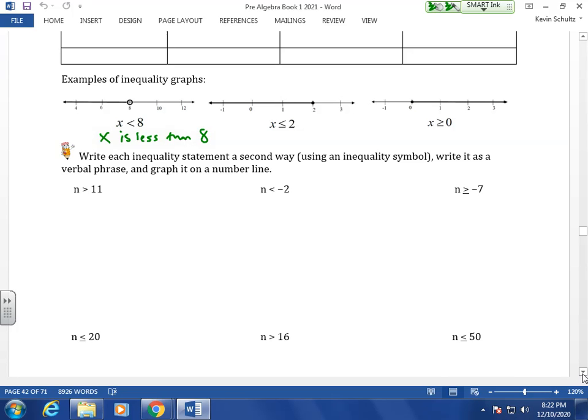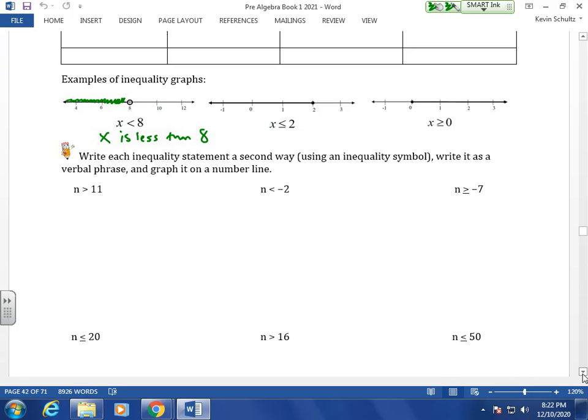That tells me 8 is not included, but everything to the left of that, everything less than that, is shaded in. Anything in that direction on the number line makes the inequality statement true.